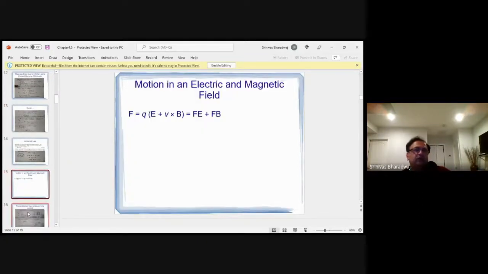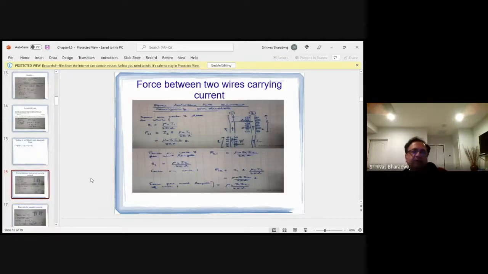Then we already discussed motion in an electric and magnetic field. You have both the EQ and the Q times V cross B. Now, if you had two conductors, we already discussed I times L cross B. Now, for the force between two current-carrying conductors separated by distance d, the field from one conductor is mu naught I by 2 pi d.